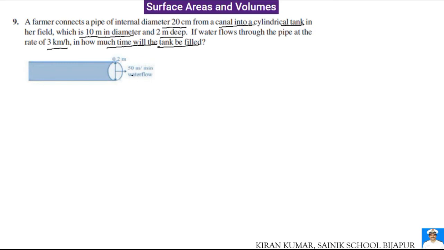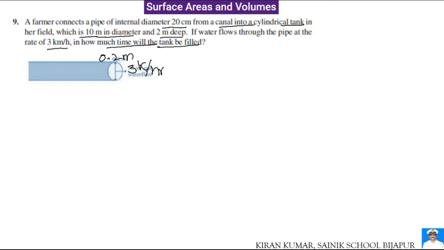This would be the shape of a pipe which is having the diameter equal to 20 centimeter. This 20 centimeter is nothing but 0.2 meters in terms of meter, and water is flowing at the speed of 3 kilometer per hour.